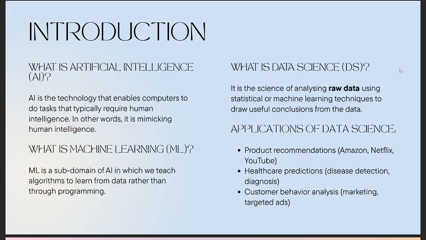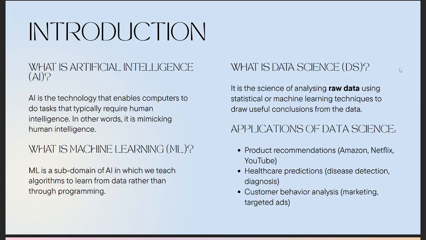But in a machine learning model, we will feed the model both input as well as the output, and the model will try to figure out the logic through which we reached the output. And now, once it gives us the logic, we can feed some new input to the model, and it will give us the corresponding predicted output.